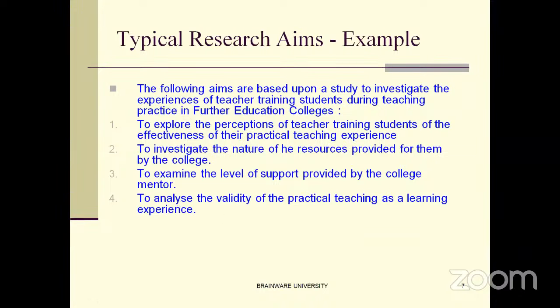Now the research objectives are very much important. Whether you write the synopsis or the final thesis, this is an important component you have to write clearly. I am giving you an example for those from education who are doing research in a teacher training college.